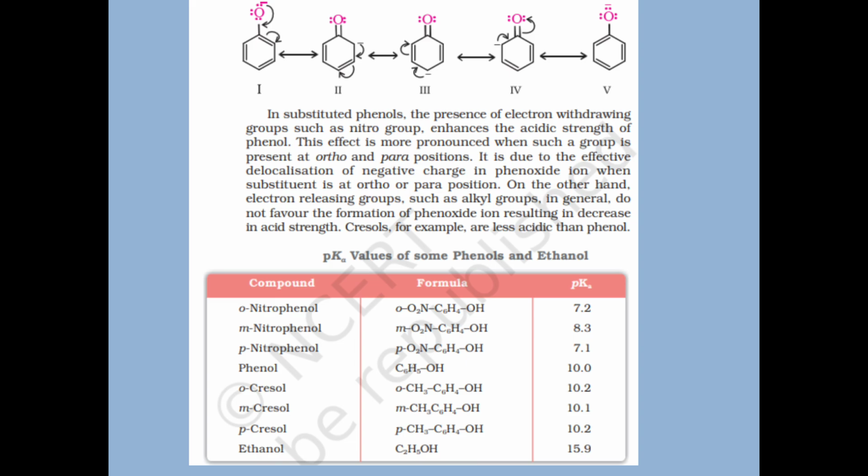On the other hand, electron releasing groups such as alkyl groups in general do not favor the formation of the phenoxide ion, resulting in a decrease in acid strength. Cresols, for example, are less acidic than phenol. Ortho-nitrophenol.